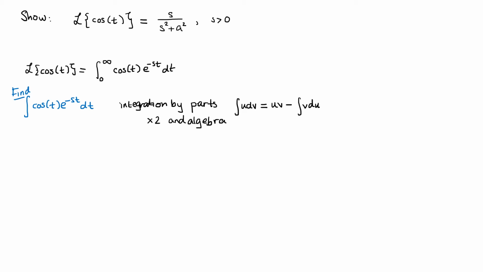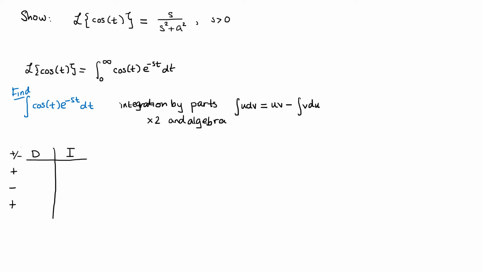So I'm going to use just a shorthand called tabular integration. Basically, if you remember, whenever we want to do integration by parts, the one piece that you differentiate, you always keep differentiating, and whatever piece you integrated, you keep integrating. So what we're going to do is just differentiate one piece and integrate the other piece, and I'll show you how to write this down.